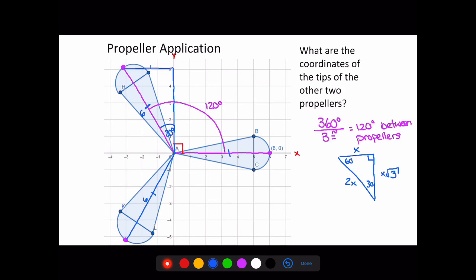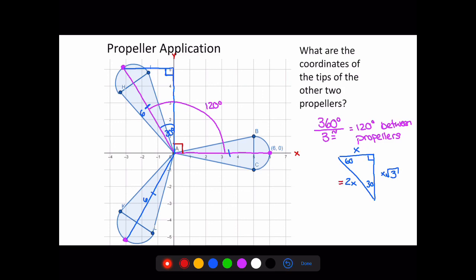So they're all congruent. Now, I also know that when I created this triangle, I made a 90 degree angle at my y-axis. So this angle is 90 degrees up top. So the side opposite 90 degrees is equal to 6. Let's go over here to our triangle. So the side opposite 90 is 6.